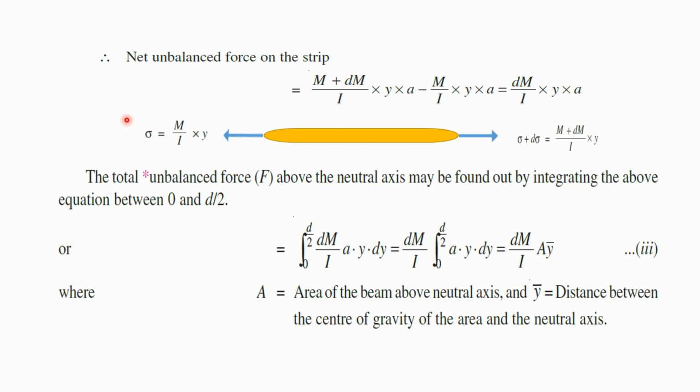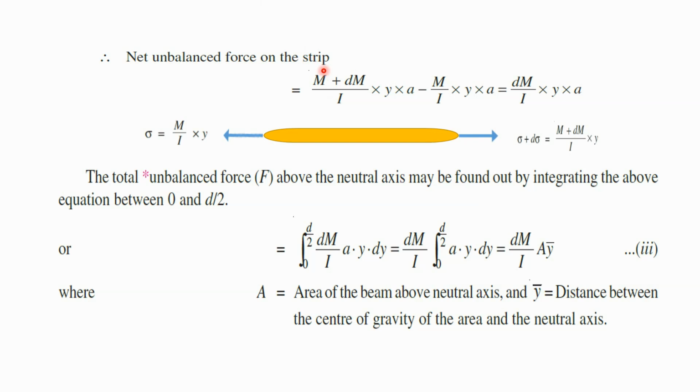Now if you observe this elemental strip, I had drawn a diagram of the elemental strip where this end of the strip is subjected to this much bending stress, M upon I into Y, and this end of the elemental strip is subjected to this much amount of bending stress, that is M plus delta M upon I into Y. But if you observe these two values of bending stress at the two different ends, there is some unbalance in the force.